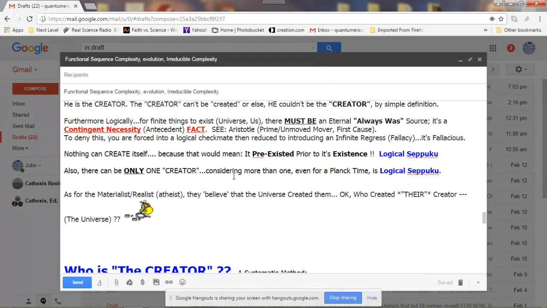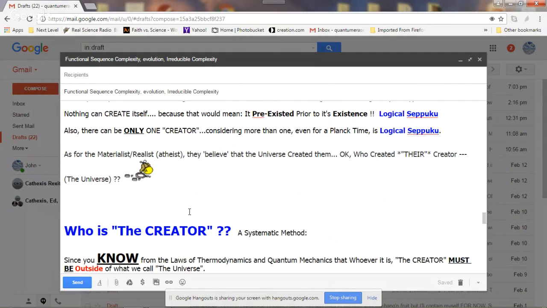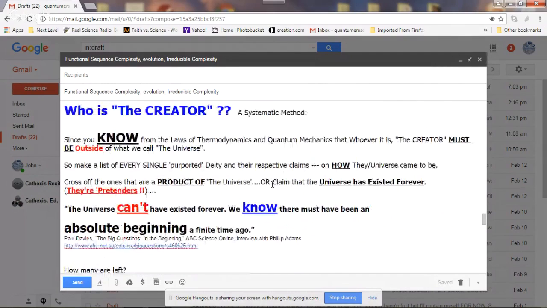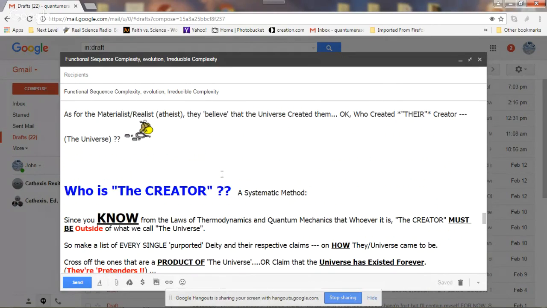And I like this one. As for the materialist or realist or atheist, they believe that the universe created them, right? Okay, no problem. Who created their creator? The universe. I like to turn it on them. That's a good question right there. Oh, sorry, go on, John. No, I was going to say with the whole Big Bang thing, Lawrence Krauss is on record saying, "Of course, matter can create itself.